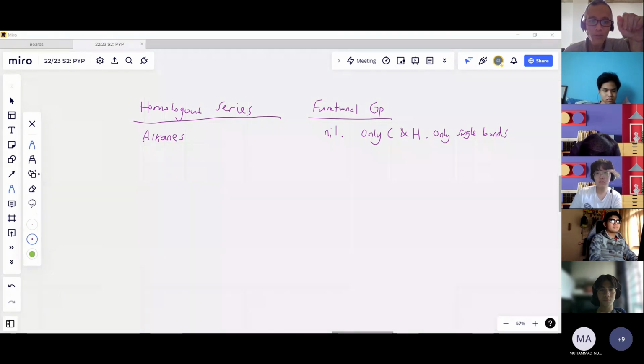How about another functional group? What else are you supposed to know, Nigel? Give me another homologous series. Alkenes. And what's the functional group?